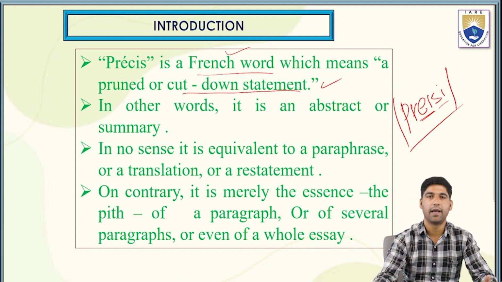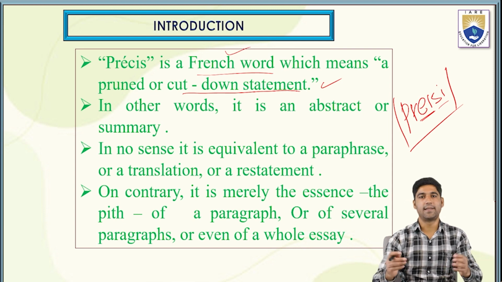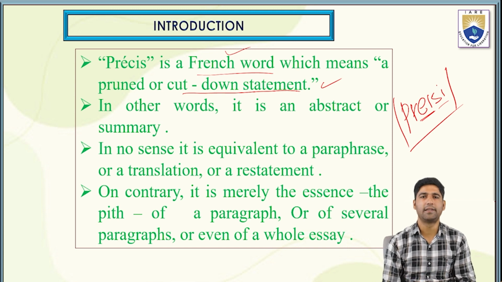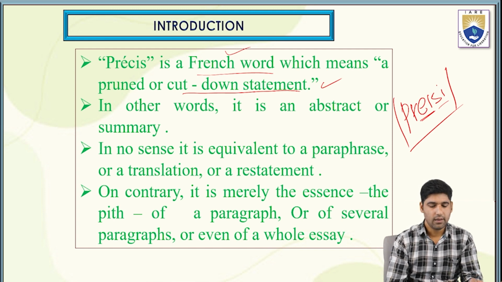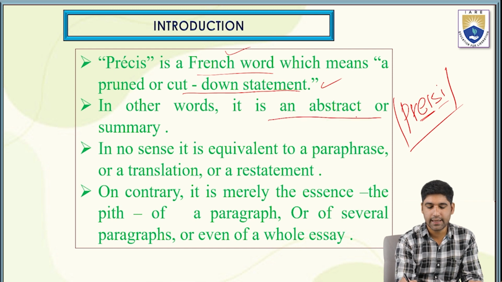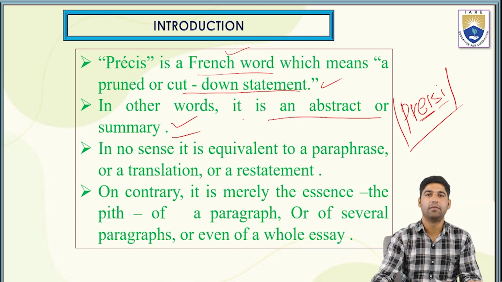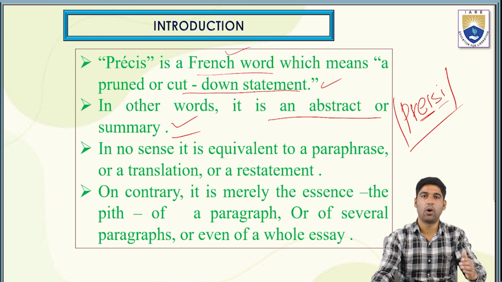It's a statement, a writing, a passage, any text which has been cut down, where some portion of the writing has been reduced. In other words, I can say it's an abstract or summary. When we talk about Precis, we call it an abstract, a summary of a text.